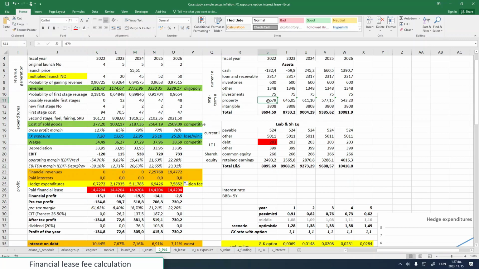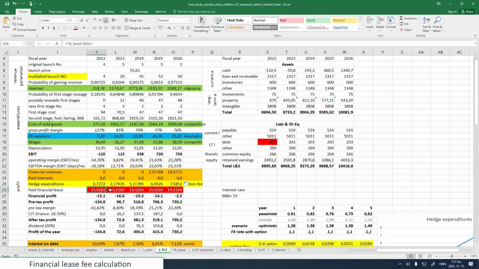And this is funny, because we sold the property, so it should be removed from the assets, but after that, since we are leasing it back, it's reappearing in the assets. So practically, property is not affected, because we just removed and reinstated the property, so we don't have to modify the asset side.